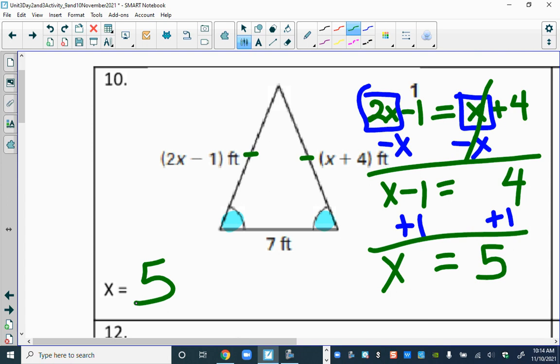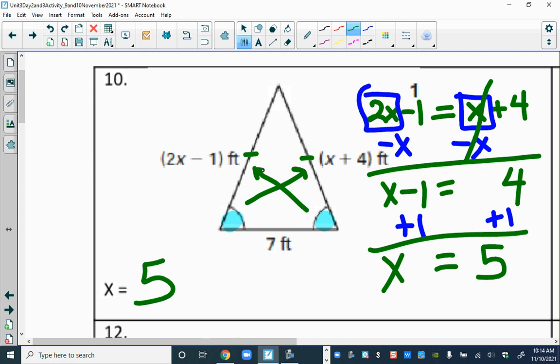Questions on that problem? Again, that's because since these 2 angles are congruent, opposite sides are going to be congruent as well. You can set them equal to each other. They're going to be the same length, same measure.